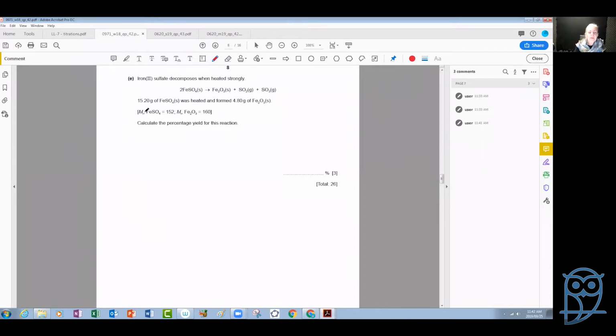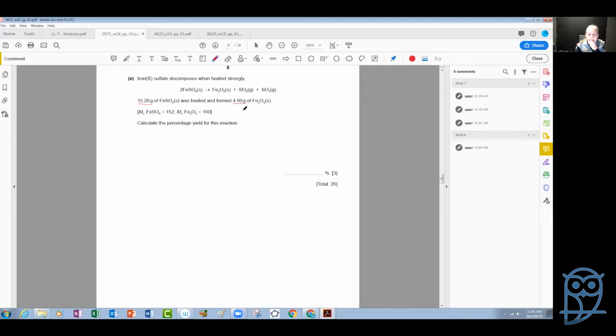The same question continues. It says iron sulfate decomposes when heated strongly, and here they give us the composition of the iron sulfate. And they say 15,20 grams of iron sulfate was heated and formed 4,8 grams of iron oxide, of the oxide of iron, this one.